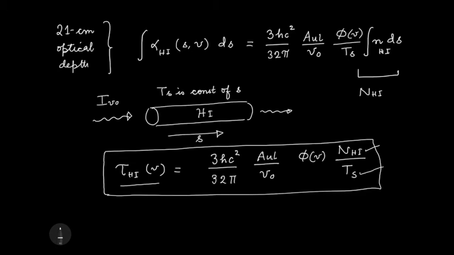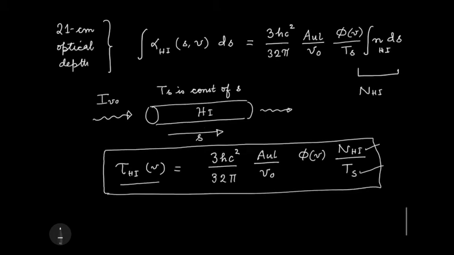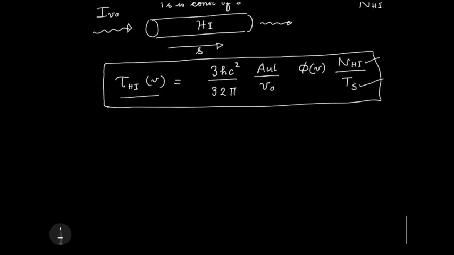So this gives you the optical depth, which not only depends on the column density, it also depends on the spin temperature. And that's important information which one can use in the following way.